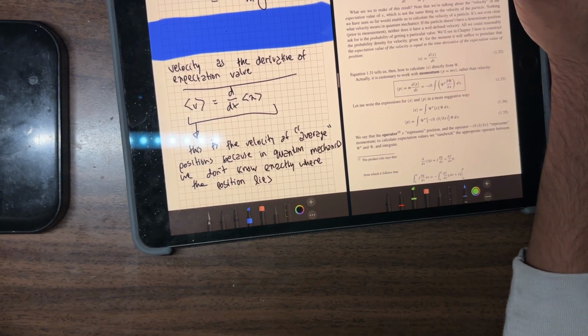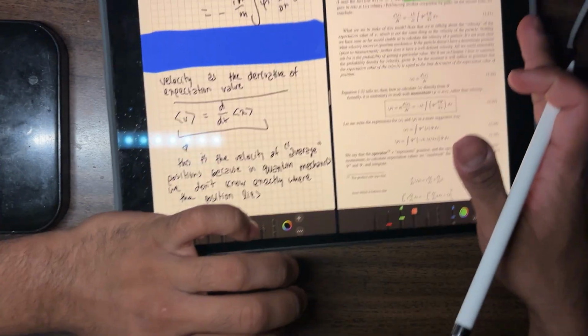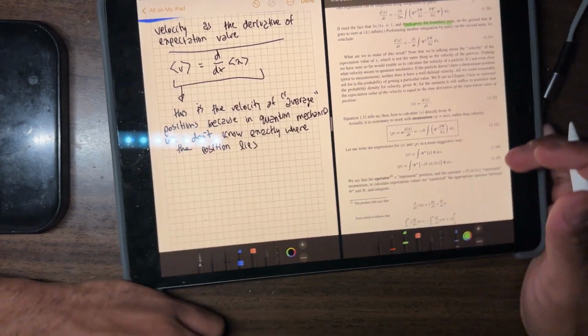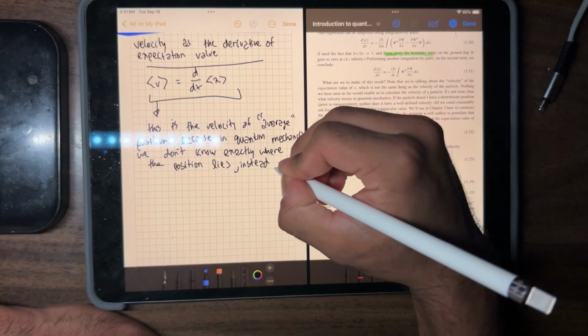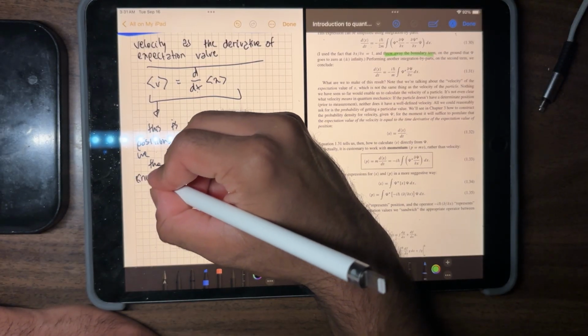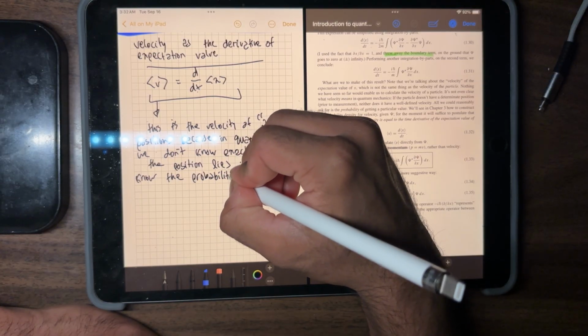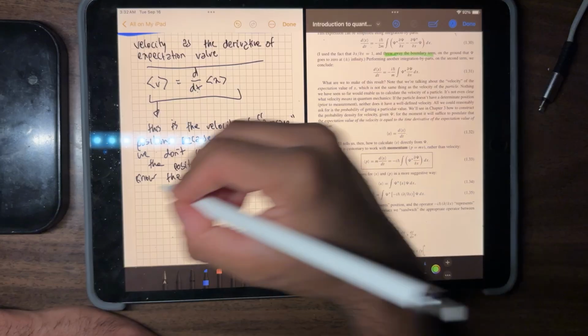However, instead we know the probability distribution of where the particle lies.